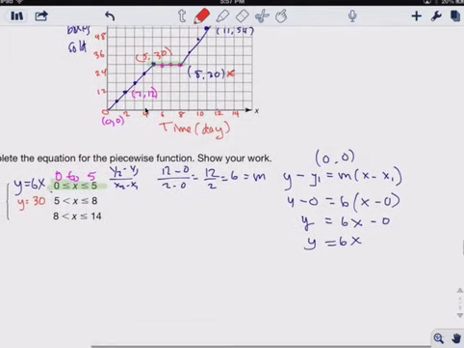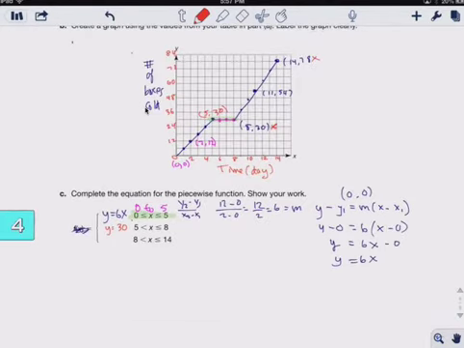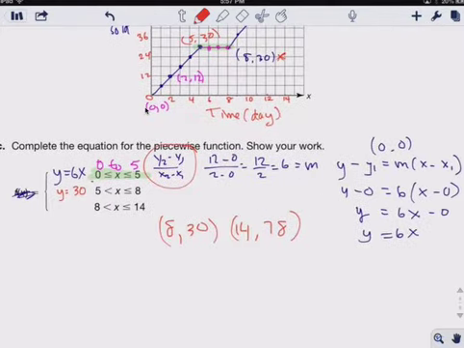I'm going to do point slope again. Let's find the slope of that line. 8, 30, and 14, 78. So using this formula, y2 minus y1, 78 minus 30 over 14 minus 8.